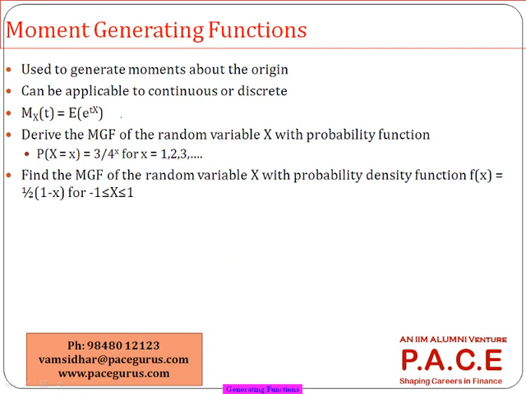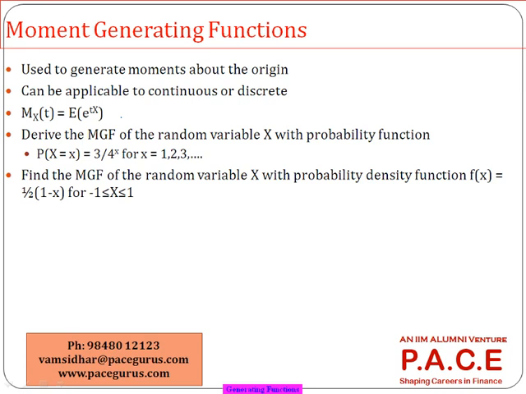Then the next category of functions which we are entering into are the moment generating functions. Till now we have looked at the probability generating functions. Couple of things before we come here. The probability generating functions are more applicable only for discrete distributions: binomial, Poisson, negative binomial, geometric.